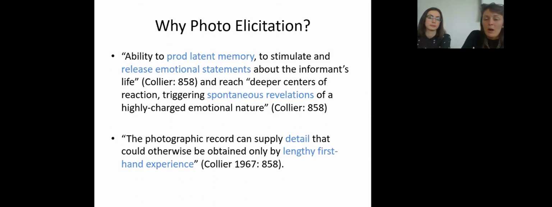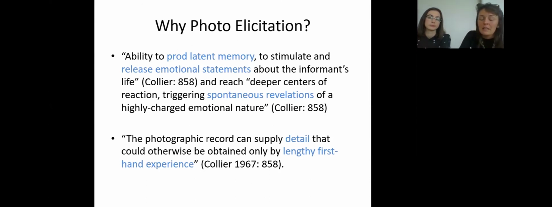And that's one way of centering information, data that otherwise would only be gained through lengthy first-hand experience. So if you are time poor and you don't have the resources, or perhaps it's not ethically sensible for you to go into a particular neighbourhood or community or whatever your research setting may be.